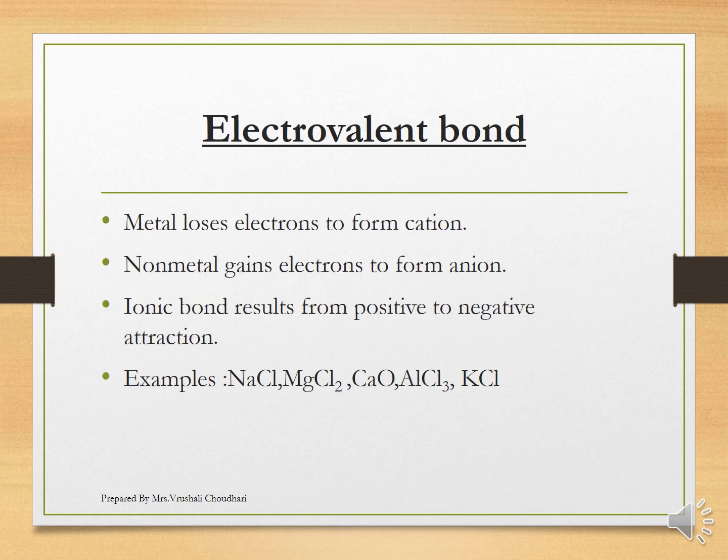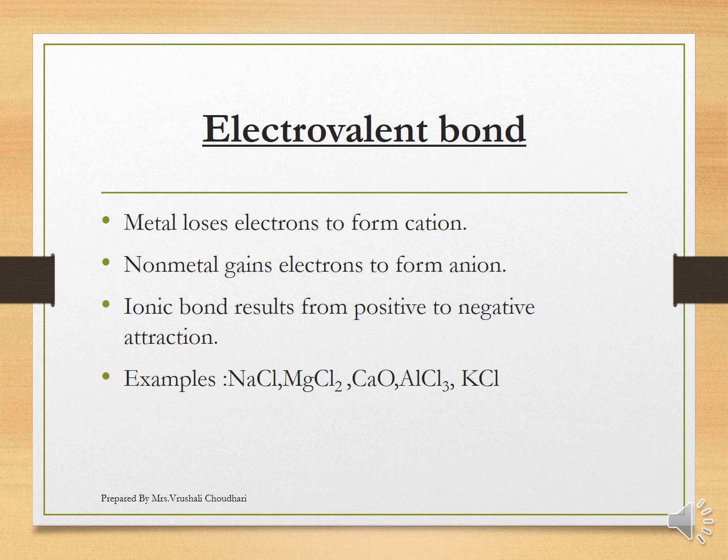Metals have excess electrons. They have 1, 2, or 3 electrons in their valence orbit. So they try to lose those electrons to get a noble gas configuration and become positively charged cations.